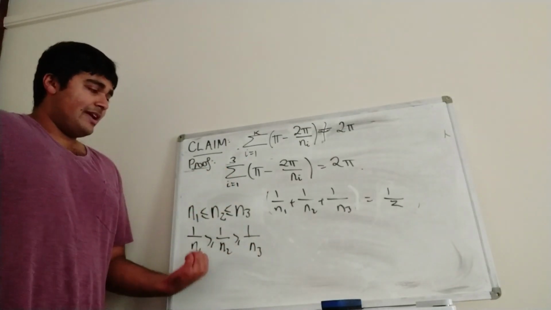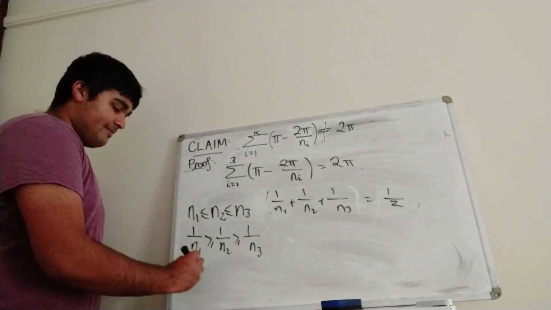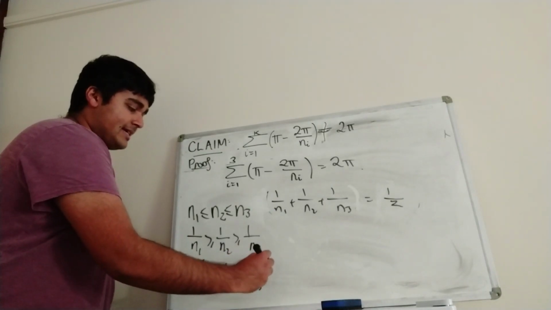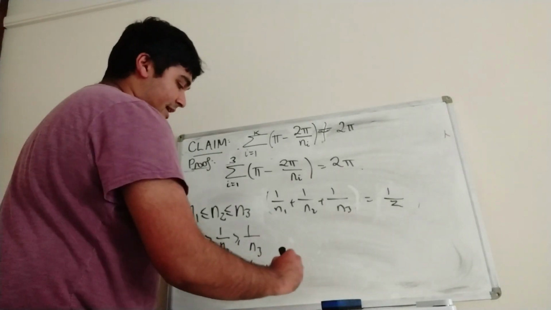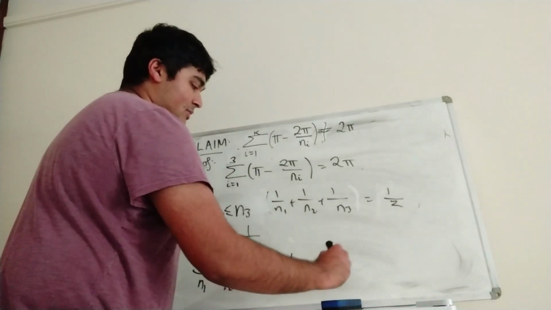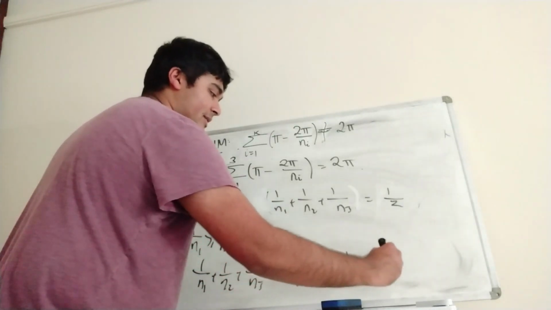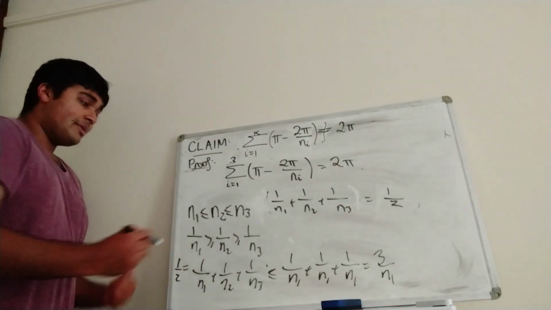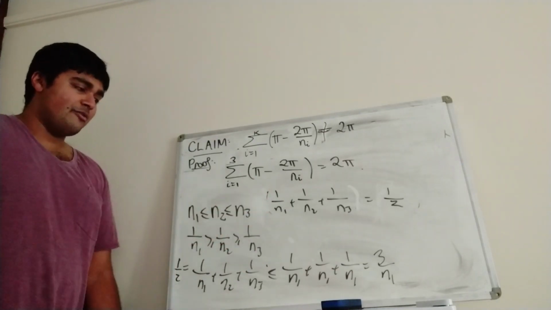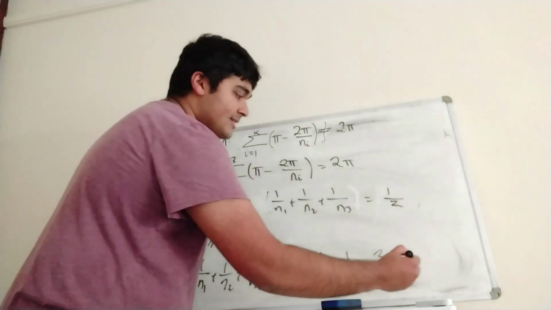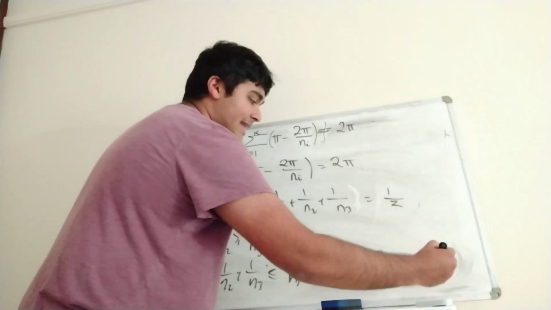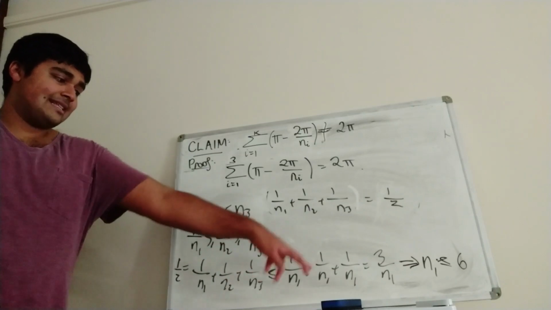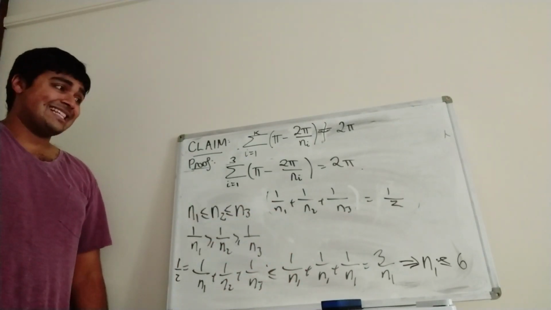So then 1 over n1 plus 1 over n2 plus 1 over n3 is going to be less than or equal to 1 over n1 plus 1 over n1 plus 1 over n1, which of course is just 3 over n1. But we know that 1 over n1 plus 1 over n2 plus 1 over n3 is just a half. So we get that a half is less than or equal to 3 over n1. So rearranging this gives us that n1 must be less than or equal to 6.